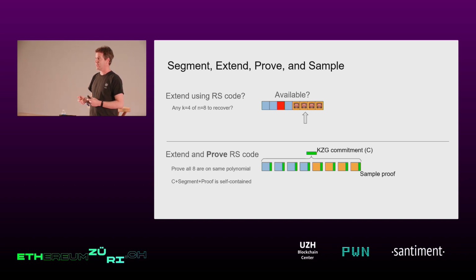So your math is working again. If you sample and you get something, you know it can be used to reconstruct. So once you segment, extend, prove, and sample, you have something which can be used to guess whether the data is available or not.